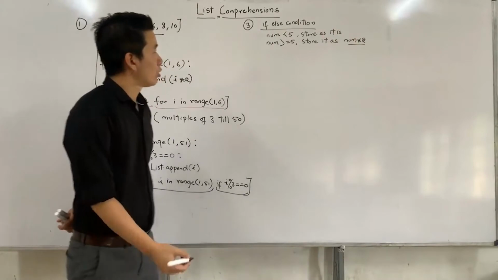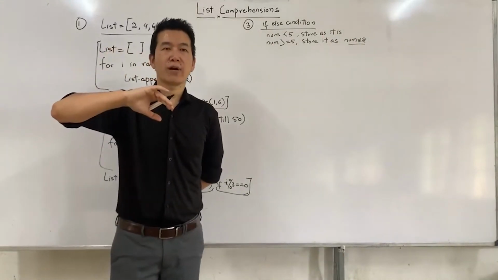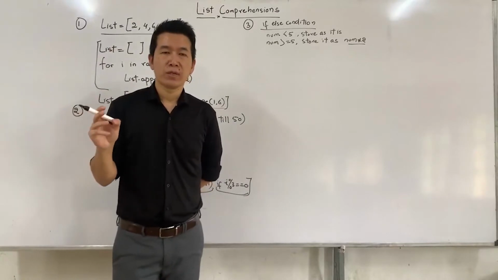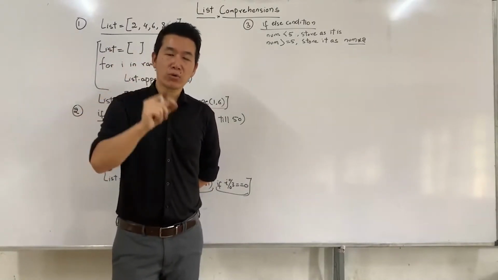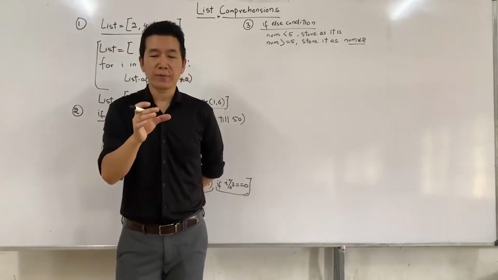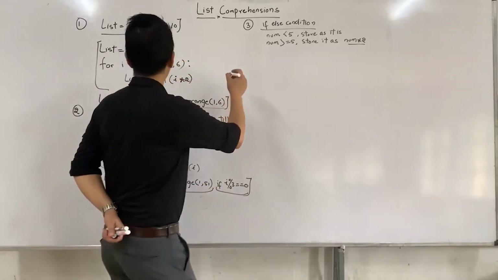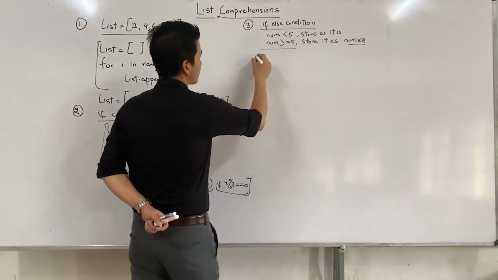The question is pretty simple. The values which are below 5, I would like to keep as they are. The numbers which are equal to 5 or greater than 5, I would like to have multiplied by 2 and then appended to the list. So let's do the normal way first.